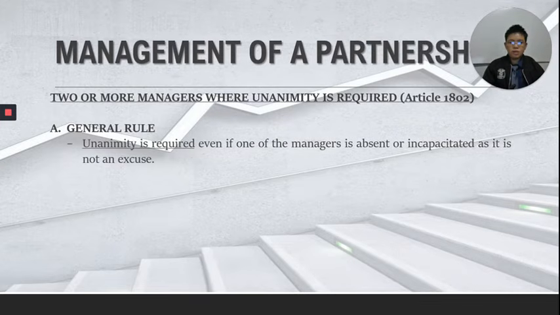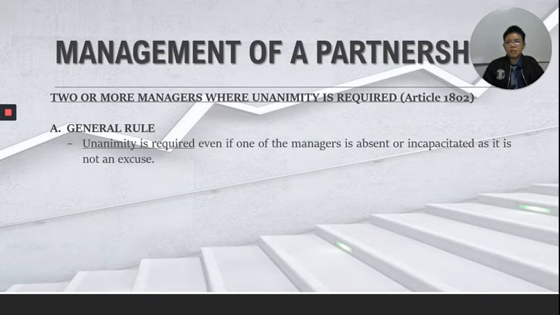So, if unanimity is required, even the absence or incapacity of the other managing partners is not an excuse. You have to get the consent of all before you can enact anything. Bago ka makakilos to do any action, you have to get the consent of all of the managing partners because in 1802, unanimity is required, meaning the vote of all is required.